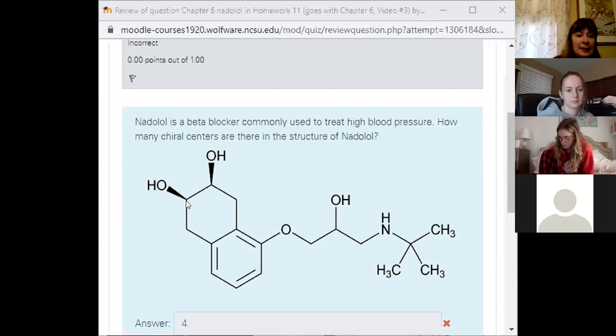And then the last candidate is right here. Again, line structure. So there's a hydrogen that is not being shown, right? We have a hydrogen. We have a hydroxyl group, the alcohol here. We have a carbon that goes to another OH, and we have a CH2. Is that 4 different things? Yes, it is. So is this carbon chiral?